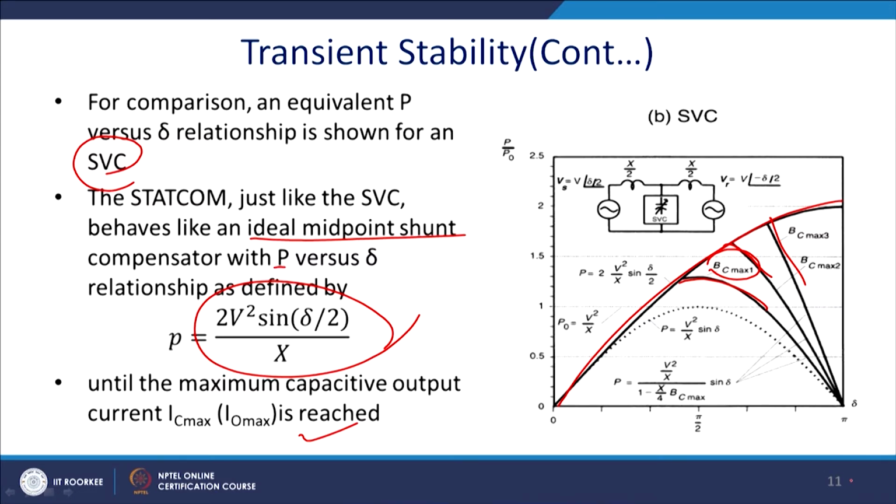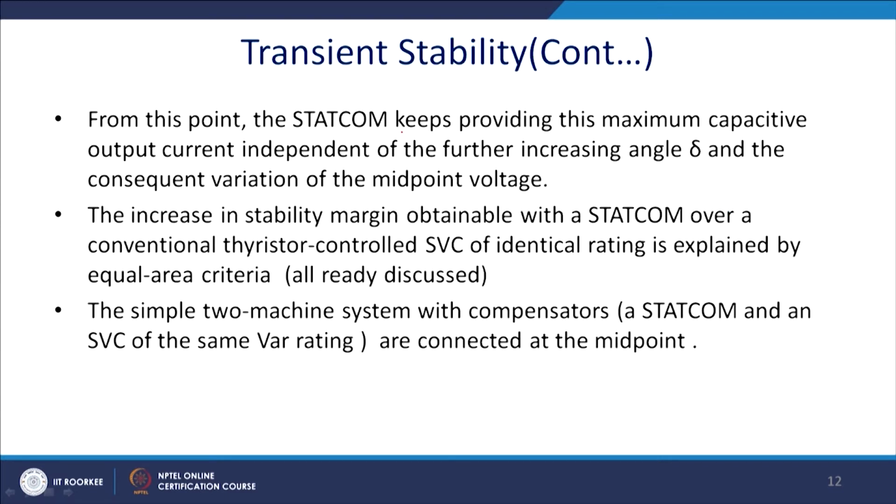For this reason you have a limiting condition: you should not go beyond this point, or you will fall drastically after that. So, what should be the conclusion from this observation? The STATCOM keeps providing the maximum capacitive output current independent of the further increase of delta and the consequent variation of the midpoint voltage.